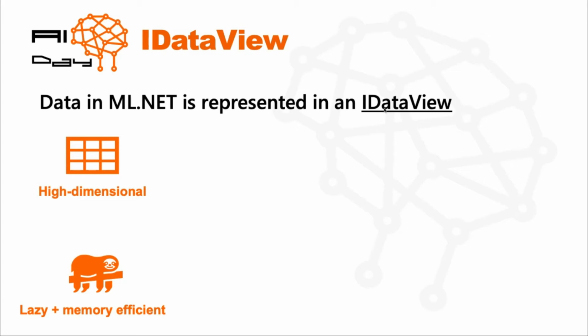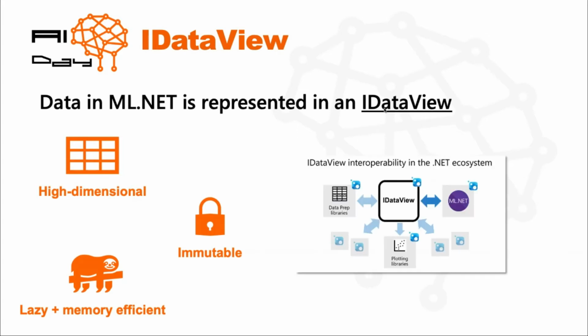So maybe it takes groups of 100 rows, and then it reads the next 100 and so on, because at the moment it is analyzing this group of information. That's the idea about lazy loading, and it's also immutable, so it doesn't change once it is loaded.